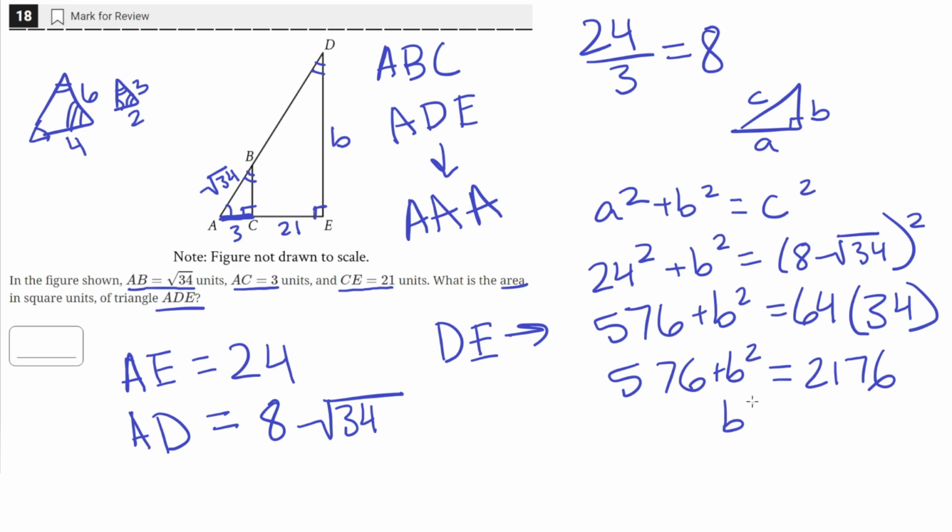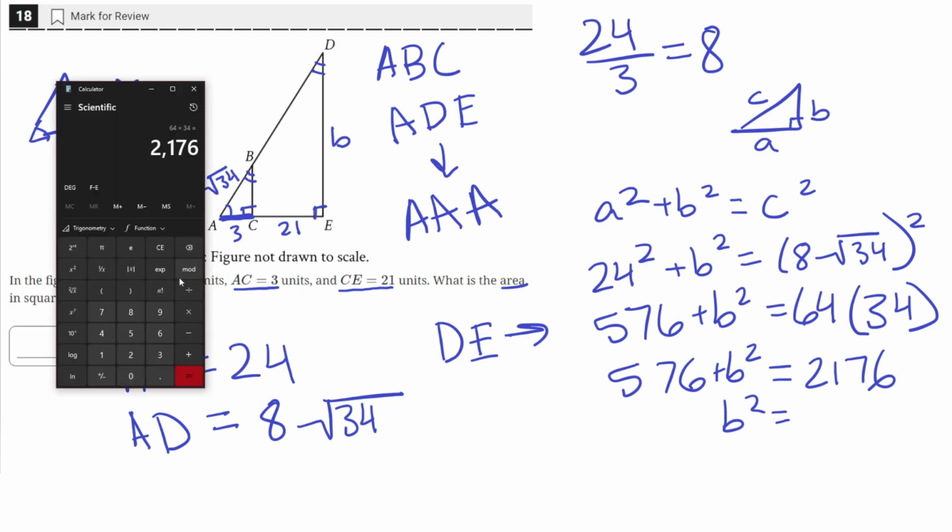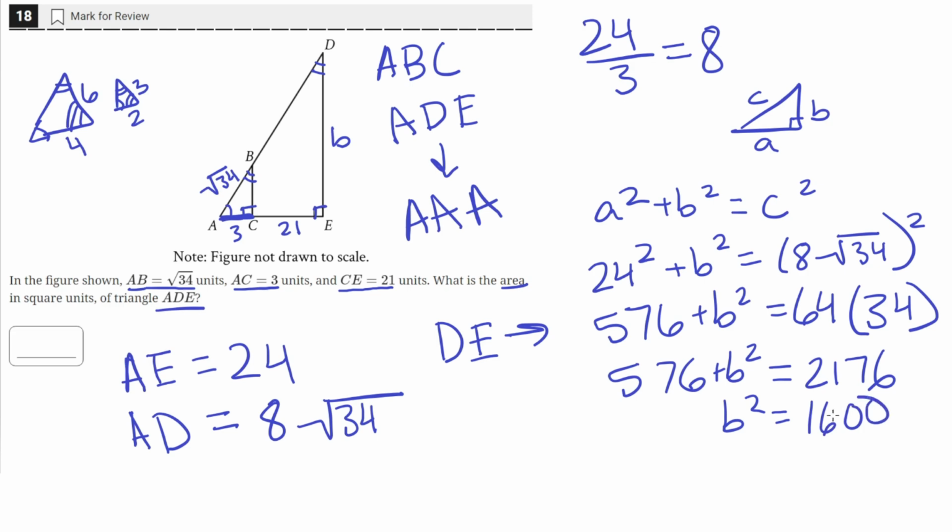So now we can solve for b squared by moving this to the other side. So we'll subtract 576 from 2,176. So we'll get 1,600. And then we'll square root both sides to solve for the value of b, because b squared and then taking the square root of that cancels it out.